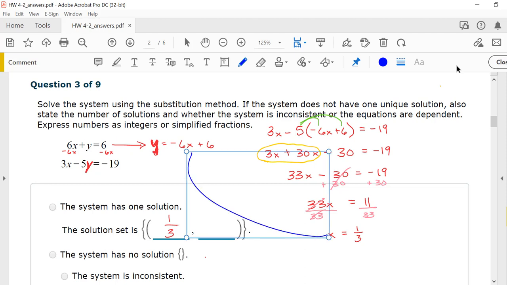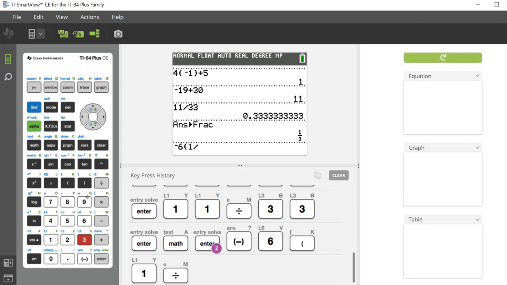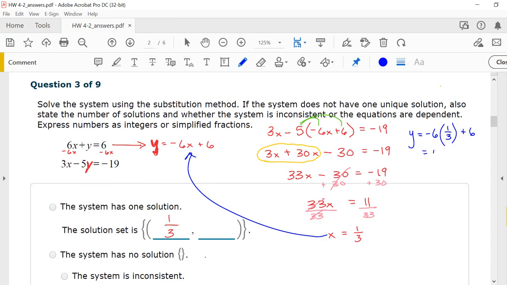I'm going to plug it into that equation. So y equals negative 6 times x, which is 1/3, plus 6. Negative 6 times 1/3 plus 6 is 4. So my one solution to the system is the coordinate 1/3, 4.